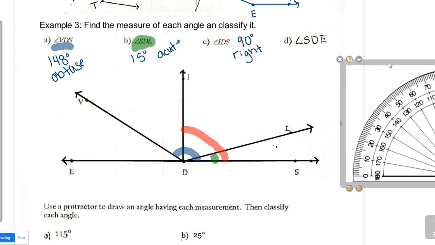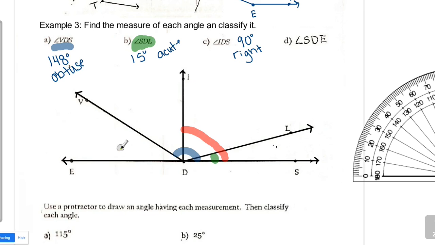And our last one here is SDE. That there is the full length, which is a straight line. So that is 180 degrees, and it's a straight angle.